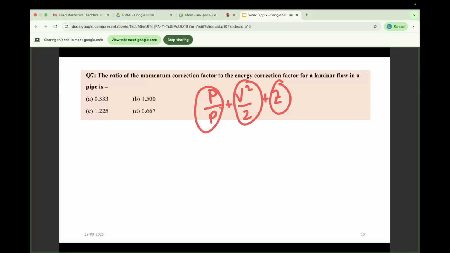The pressure term is only for ideal cases. If it is not an ideal case, if there are changes in fluid property or viscosity, then certain factors should be multiplied with this term so that we get the exact value. Similarly for the velocity terms. Based on this, you have to find out this question.